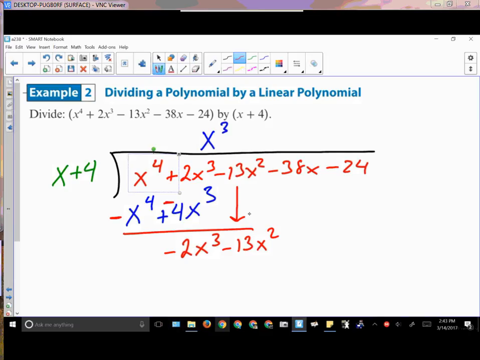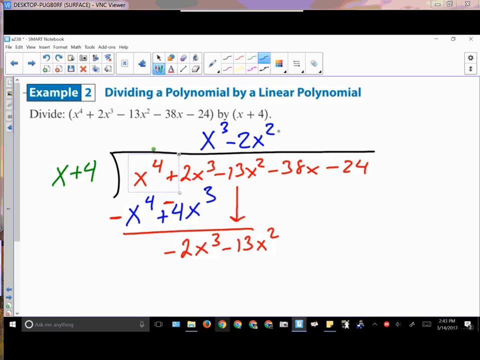Now, just like before, we are going to ask the same question. What must I multiply x by to get to negative 2x cubed? Well, I know it's got to be a negative. I know it's got to be a 2. And I know it's going to end up being x squared because I already have 1x and I need 3. So now the process repeats all over again.